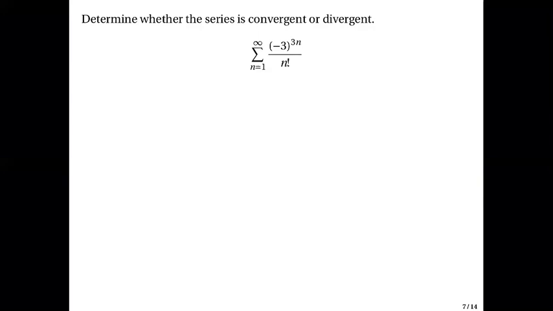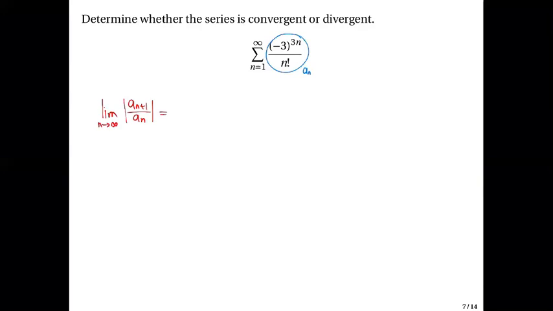Okay? So in here, this is your a sub n. So we want to get the limit of the absolute value of a sub n plus 1 over a sub n as n goes to plus infinity.